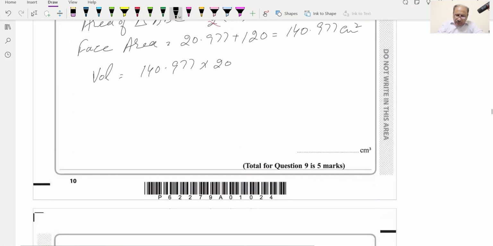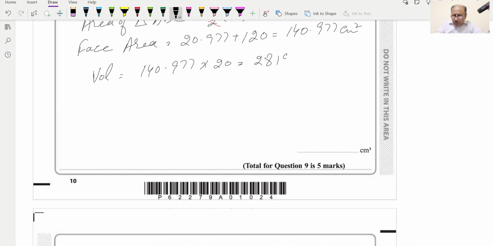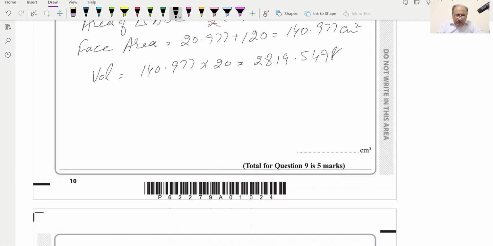We multiply by 20 and we will get 2819.545498. So we can write the rounded answer 2820, and 2820 centimeter cube will be our final answer for this question.